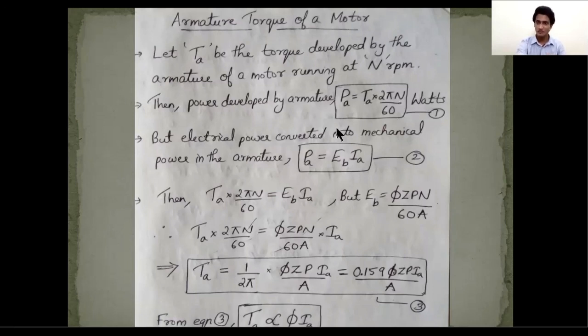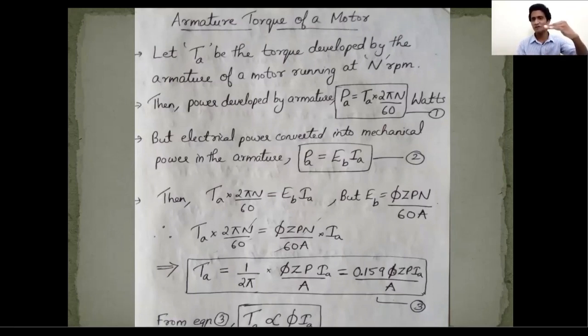But also we know that the electrical power developed in the armature is converted to mechanical power. What is the electrical power produced in the armature? EB into IA, that is back EMF into armature current.